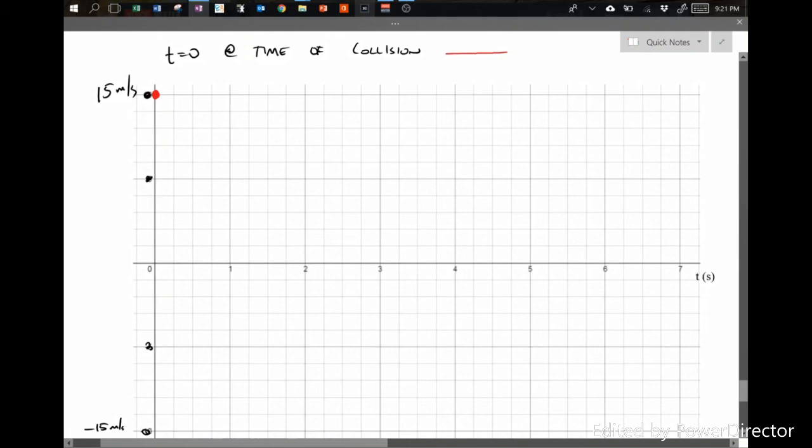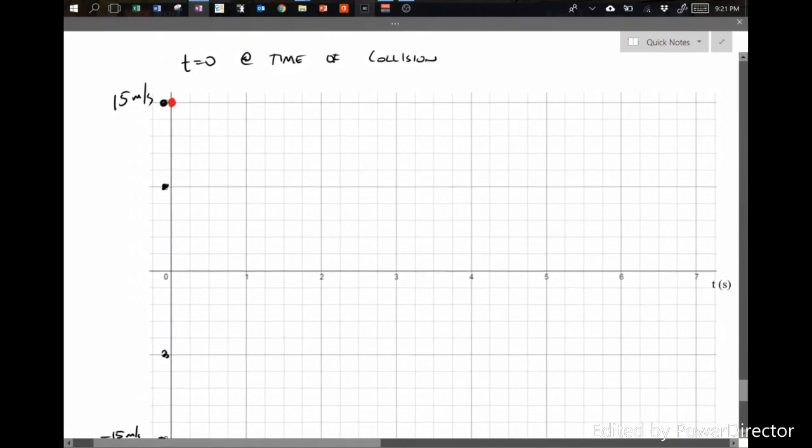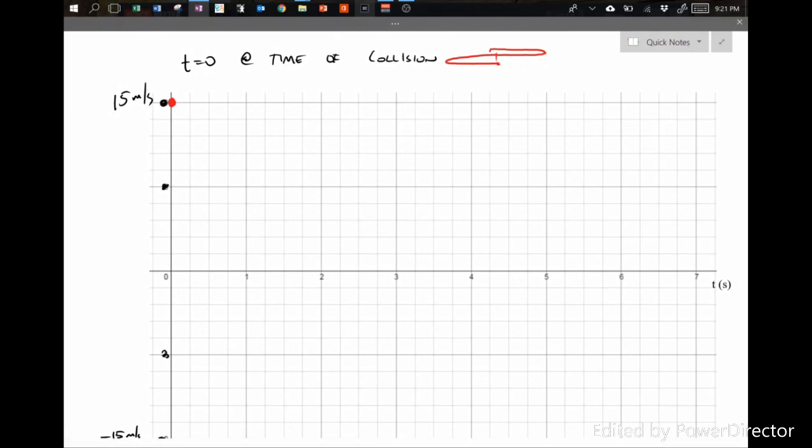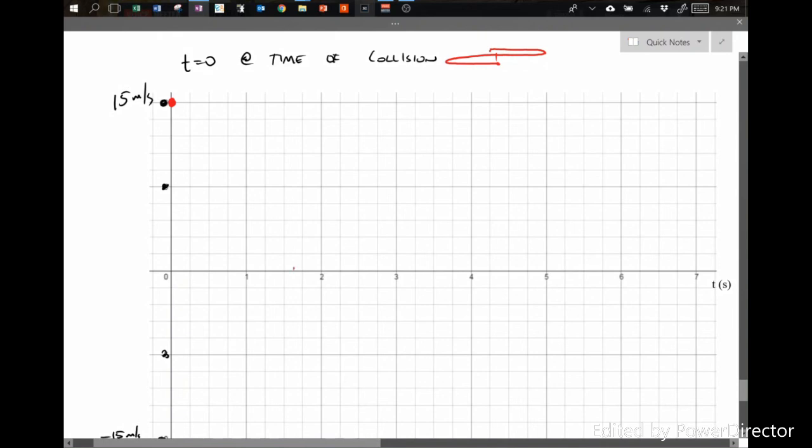I've compressed it, I've swung back, and I've recompressed it. That's 1 complete cycle, which means I'm going to get 15 meters per second somewhere in the middle there as well. From what we did before, I know that the period is 1.7 seconds. So I know I'm going to be back here at 1.7 seconds at positive 15 meters per second.